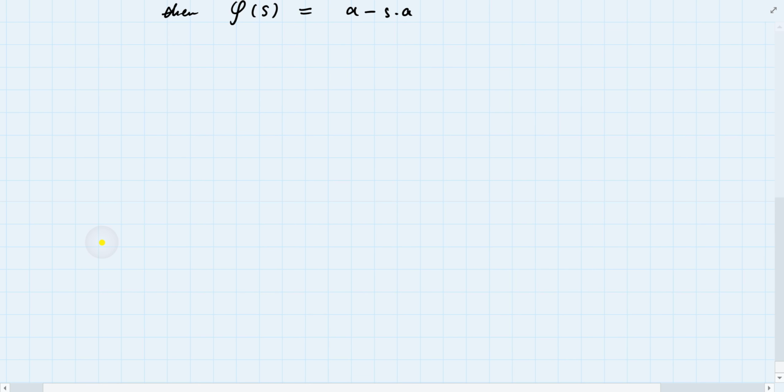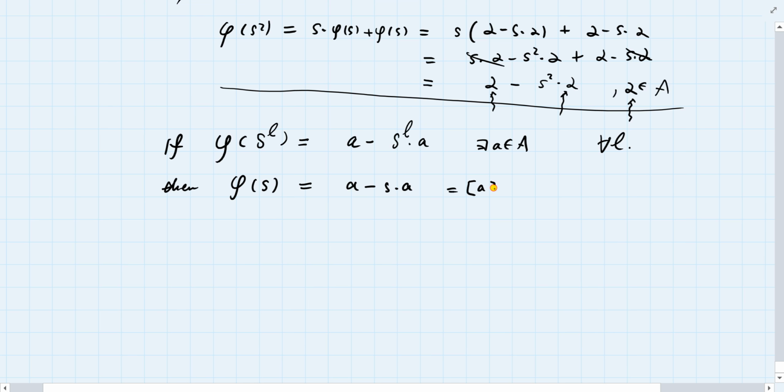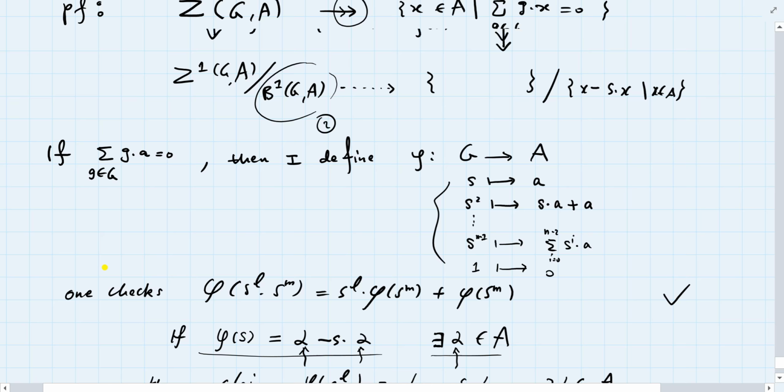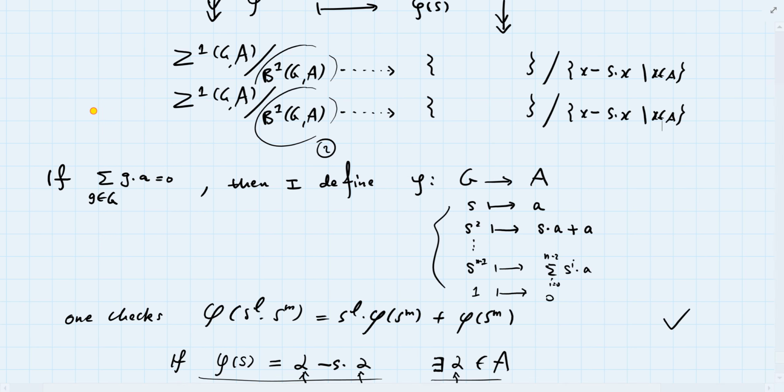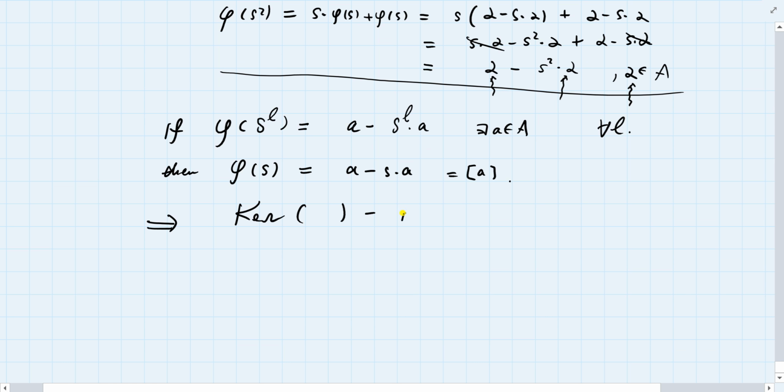This is 0, the quotient ideal, which implies that the kernel of this composition is just, okay.